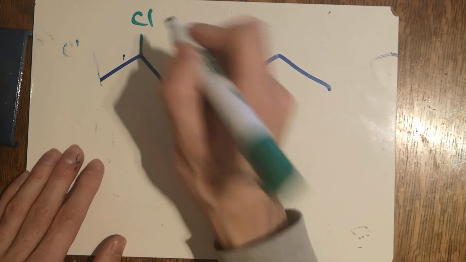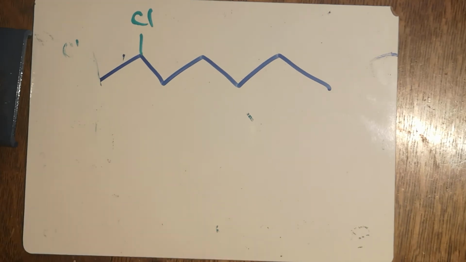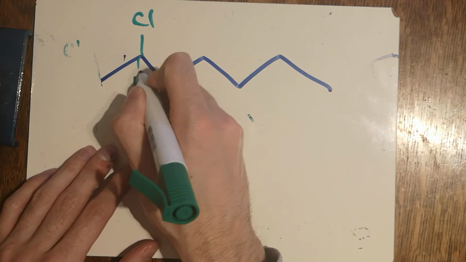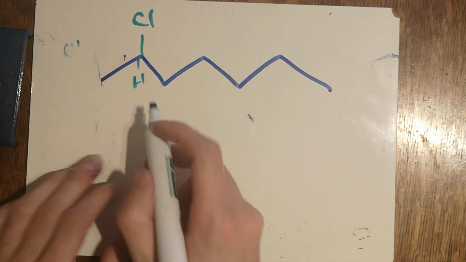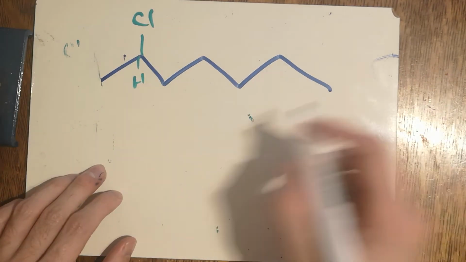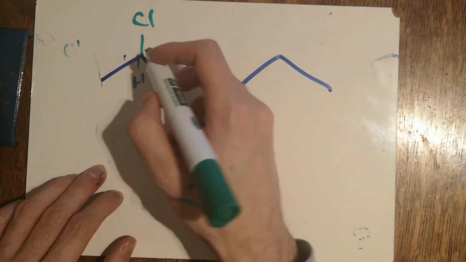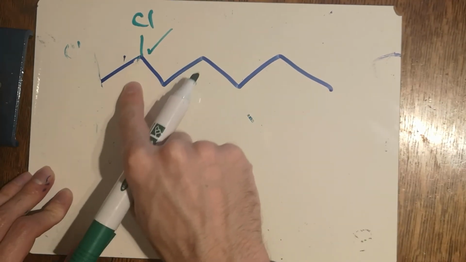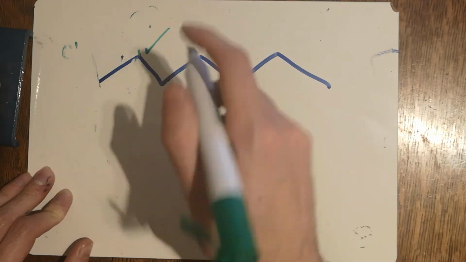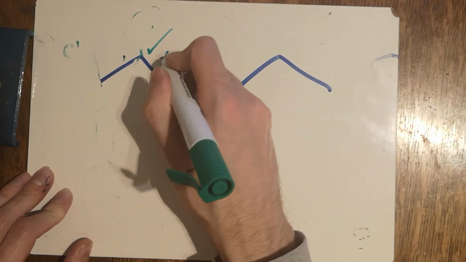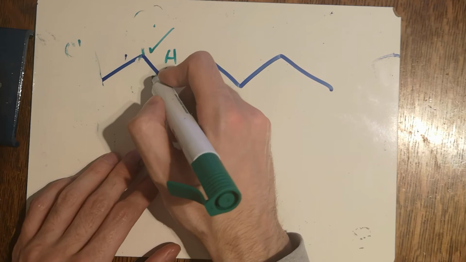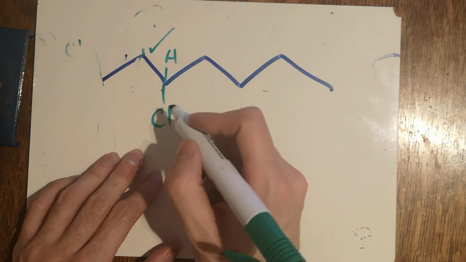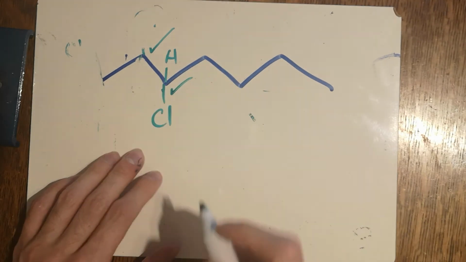So let's move the chlorine to this carbon, so 2-chloroheptane. And we've got chlorine, hydrogen there, CH3 there, and then a long pentyl chain there. So that's 1, if we put the chlorine there. If we go here, Cl, H, this time butyl chain that way, ethyl chain that way, 4 different groups around there.